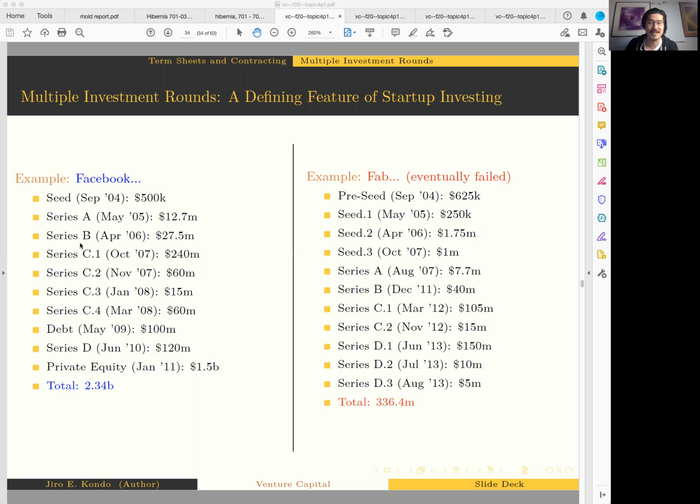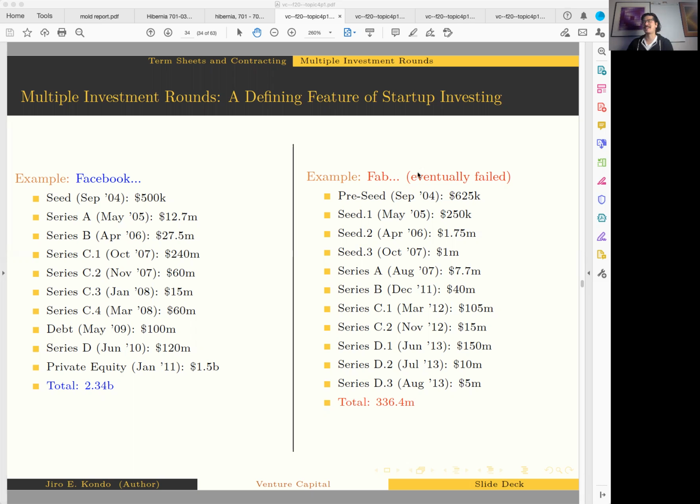But we can see multiple rounds of funding. So assuming a single round of funding for Facebook seems like a pretty bad cartoon. Even companies that we haven't heard of and that eventually fail can raise multiple rounds of funding. Fab was like an online marketplace in design, maybe. I don't remember the full details. I just remember that it ended up selling itself for $15 million after raising $336 million.